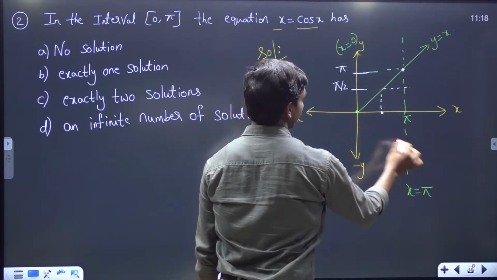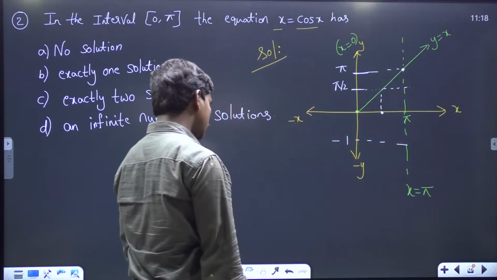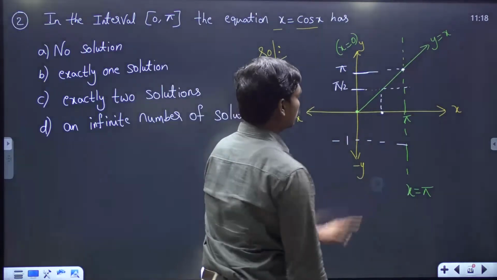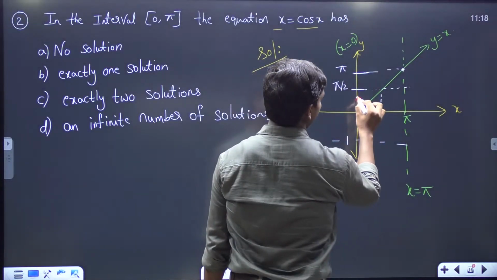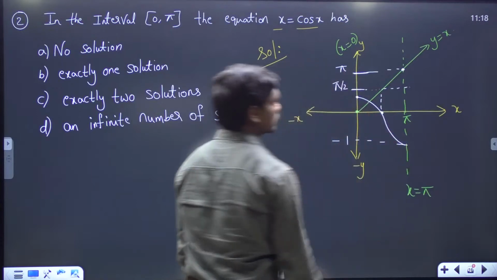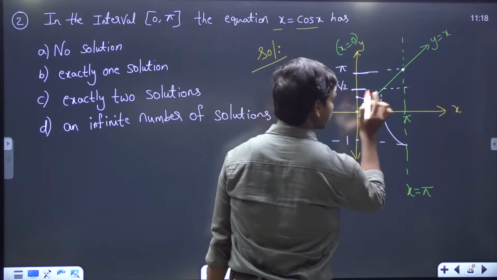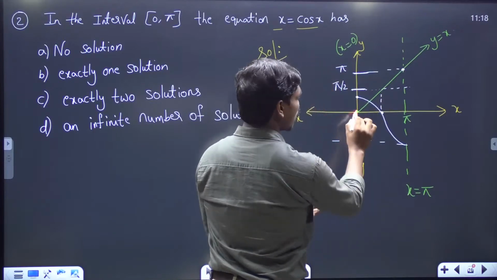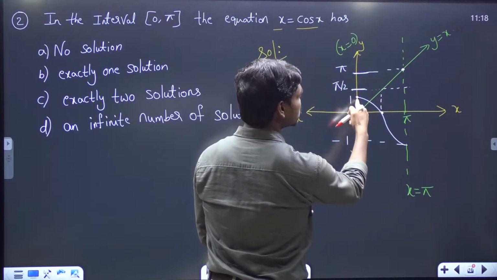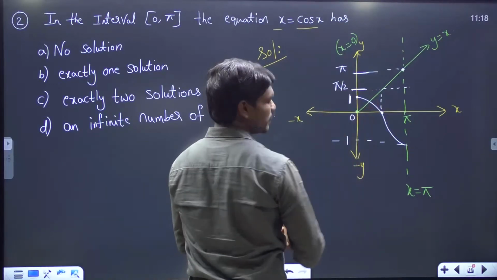And if this is minus 1, cos x graph will look something like this between 0 to pi, correct? Because pi by 2 is 1.57, but cos 0 is only 1. This value is 1 and this is 1.57. Okay, so this is cos x graph between 0 and pi.